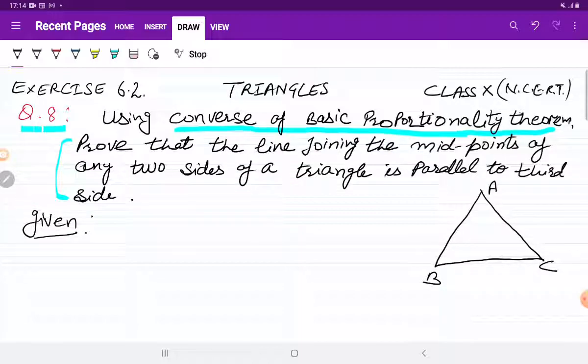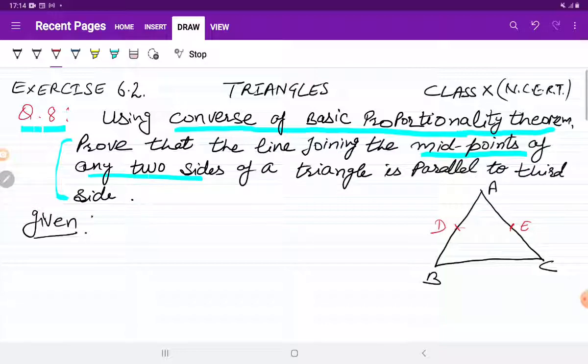Now come to the next thing. Prove that the line joining what? The midpoint of any two sides, right? So this is the midpoint of AB, that is D, and here is the midpoint E. D and E are the midpoints.